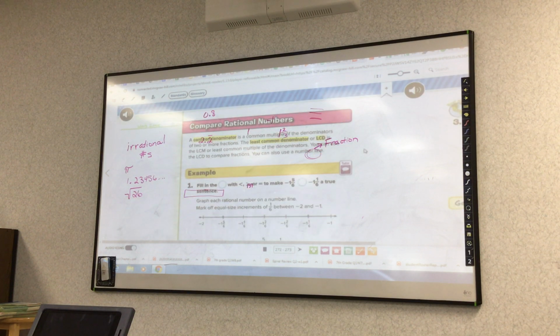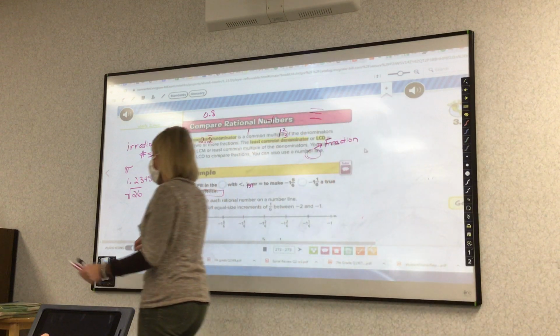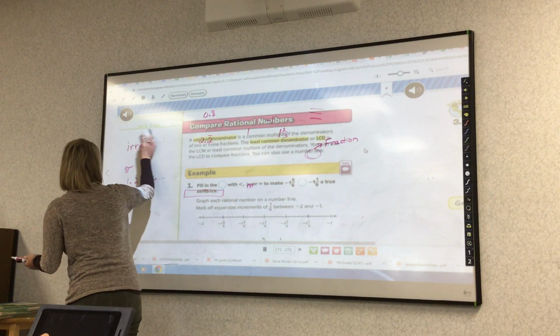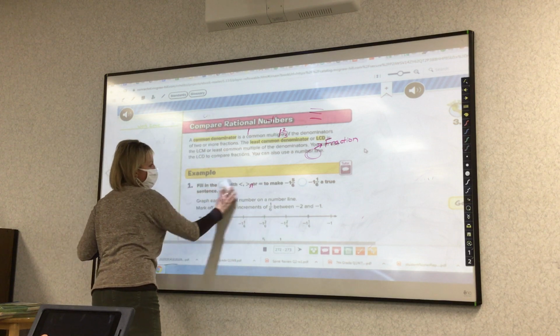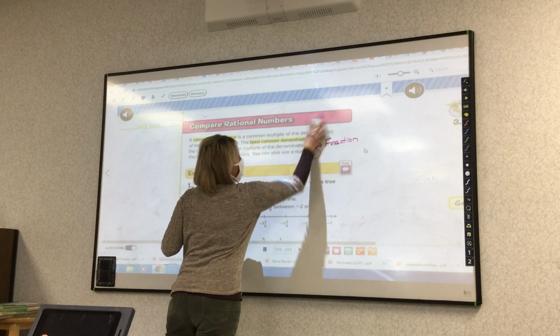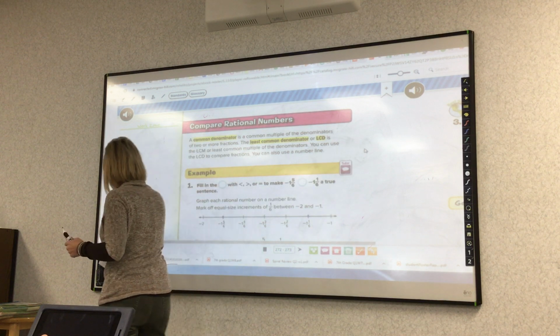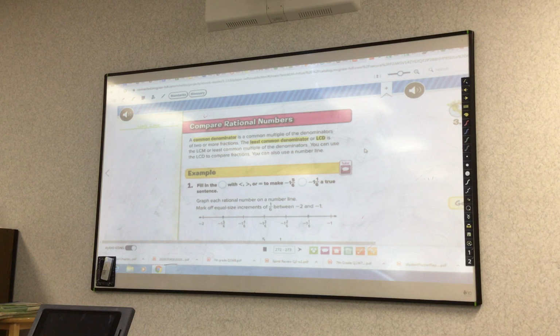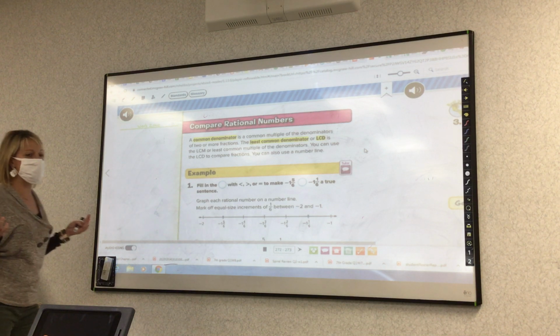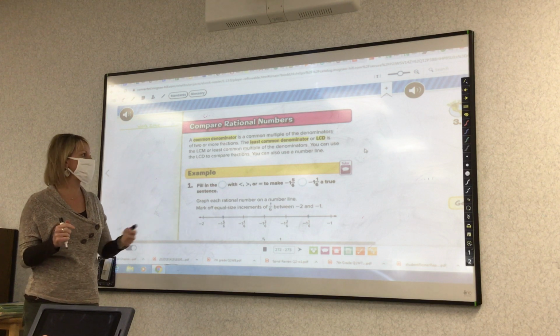So knowing that we have rational numbers, we are going to compare them. So we're either comparing decimals, percents, and fractions. When we compare fractions, we need to make sure that they have a what? Say that again. Common denominator. If there are two fractions, they have to have the common denominator.